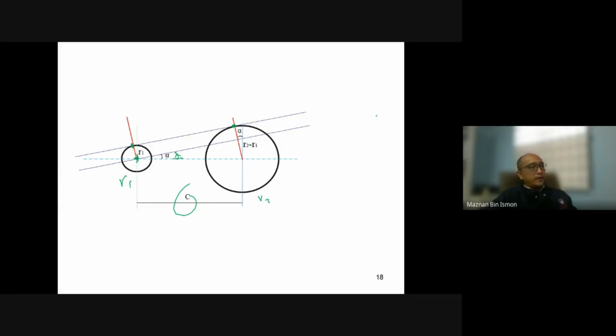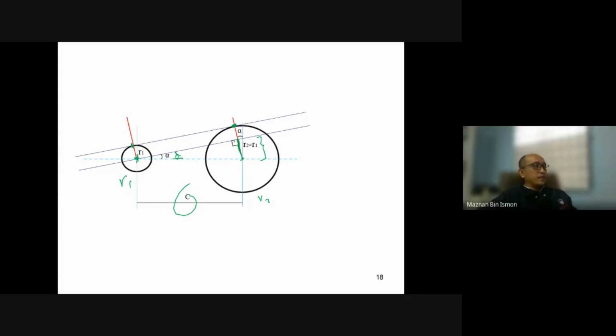So you will get this length, which is R2 minus R1, because from here to here is R2. So the balance over here is R2 minus R1.